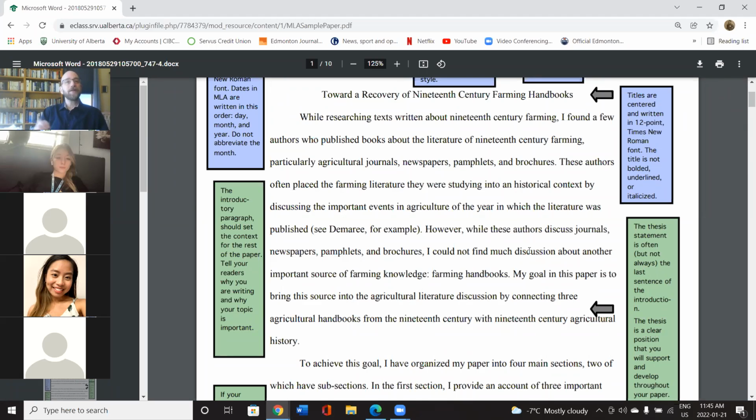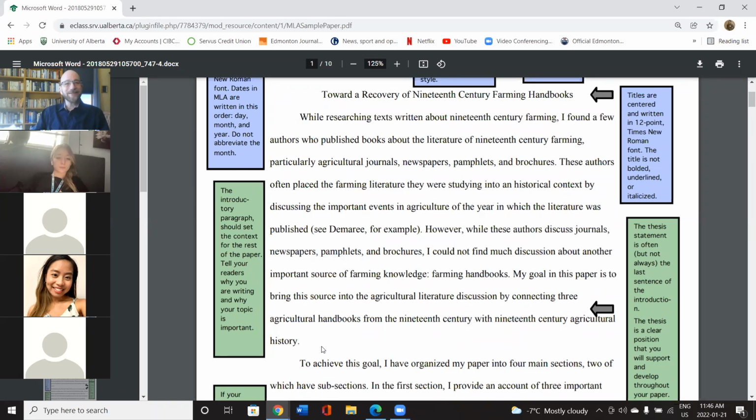My goal. A thesis statement articulates your goal, right? What my argument will be, and I'm going to make this argument in this particular way. That's what a thesis statement does. My goal in this paper is to bring this source into the agricultural literature discussion by connecting 3 agricultural handbooks from the 19th century with 19th century agricultural history.